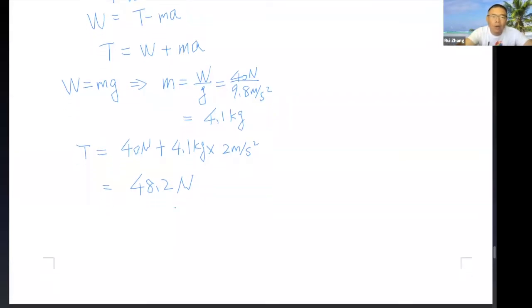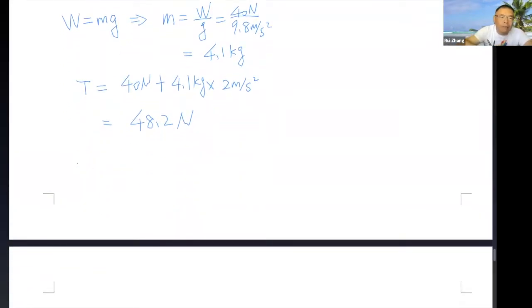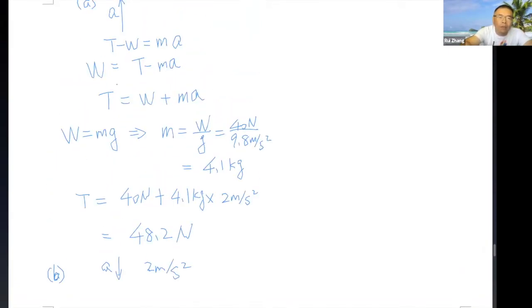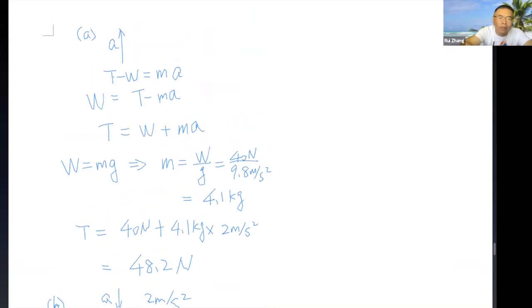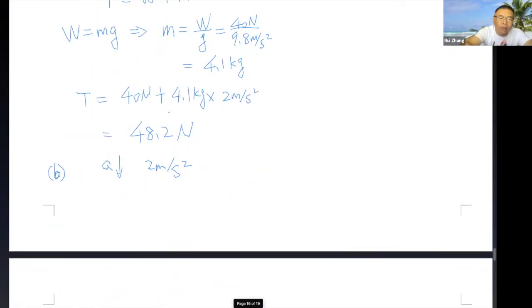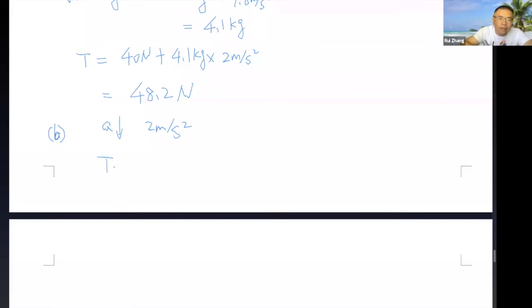Okay, so now the second part is actually similar, right? In this case, you have acceleration going down. It's still 2 meters per second squared, okay? Now, you don't even need to change your formula. It's still the same Newton's law, T minus W equals ma. So you have T equals W plus ma. But in this case, because acceleration is going downward, it's a negative number, okay?